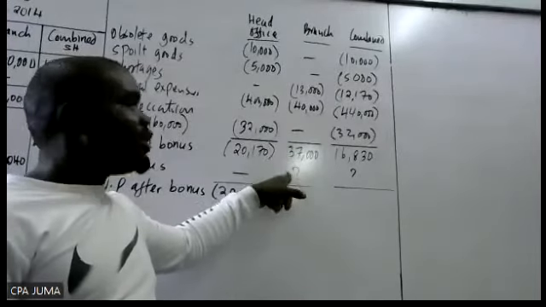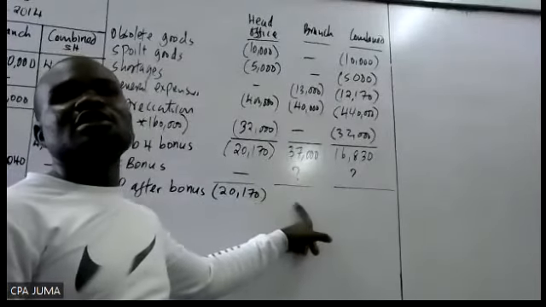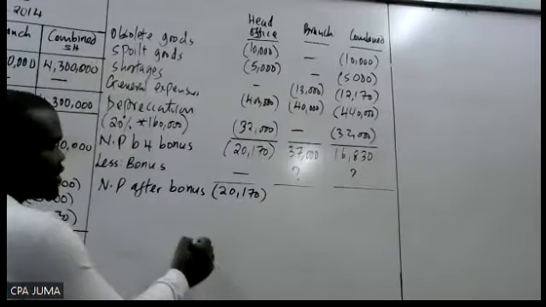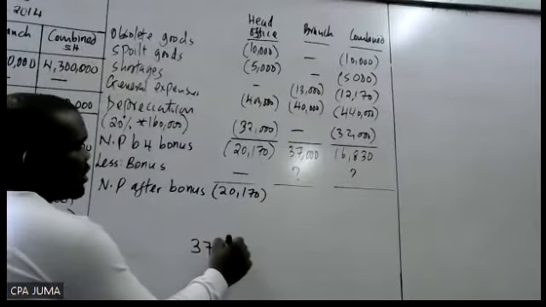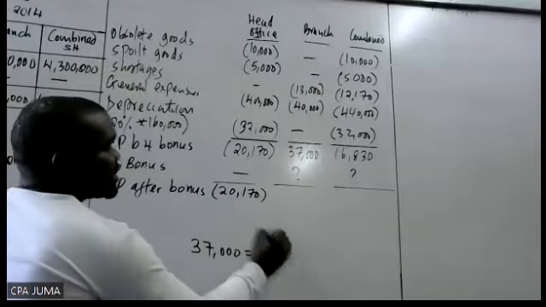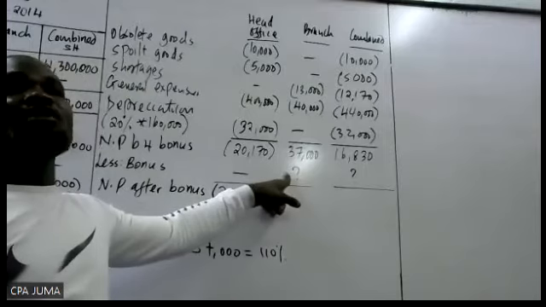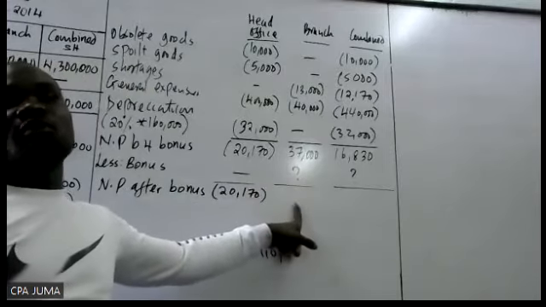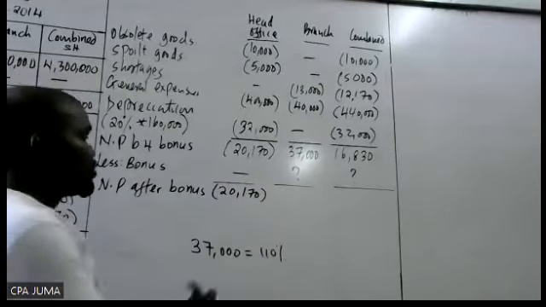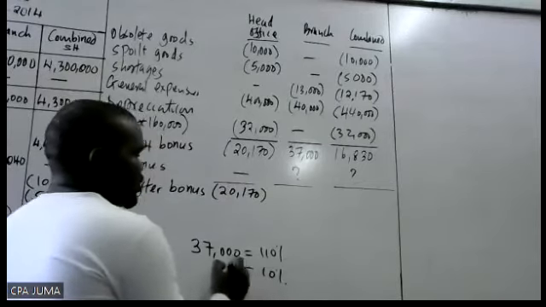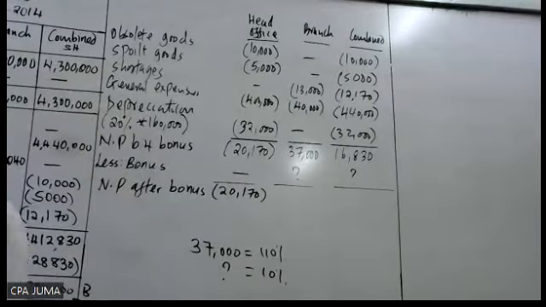So that you can remove the 10%, you remain with what? 100. So equate 37. 37 is at 110. So that if you remove the 10%, you remain with your final profit of what percentage? 100. So what about 10%? So calculate that 10%, you give me the bonus.